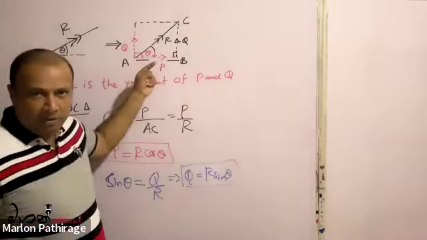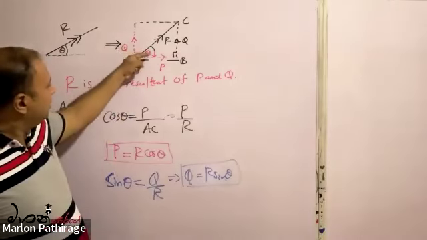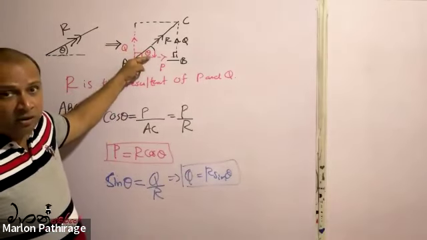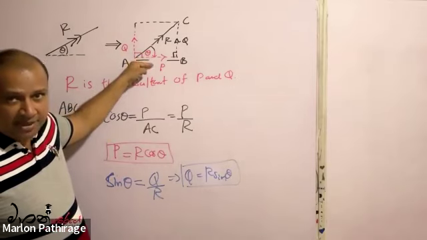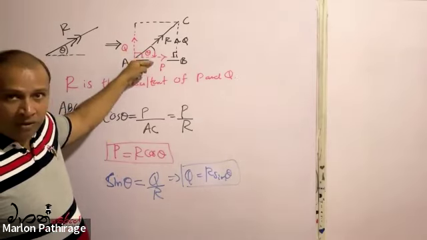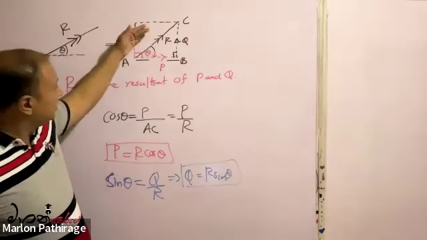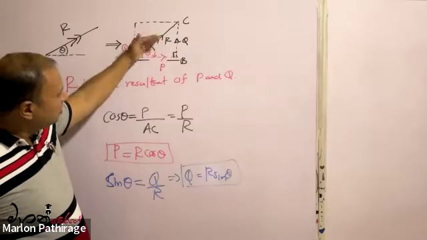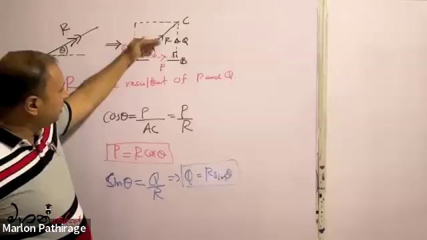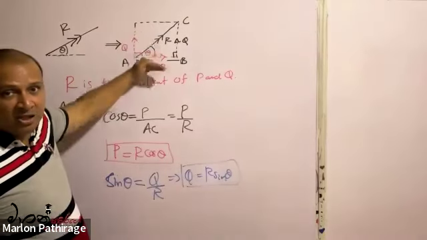So look, this is basic. If you want to determine the adjacent side and you know theta and the hypotenuse, you have to take the hypotenuse into the direction of theta.